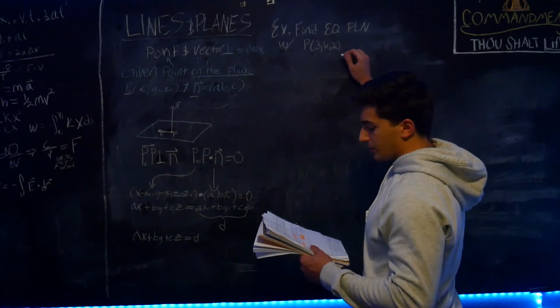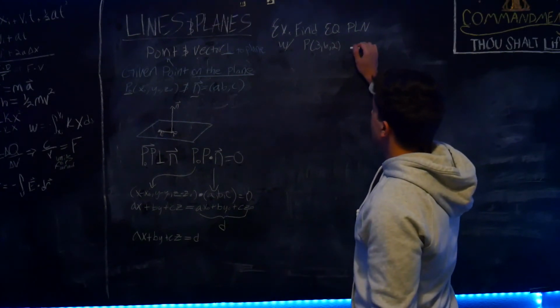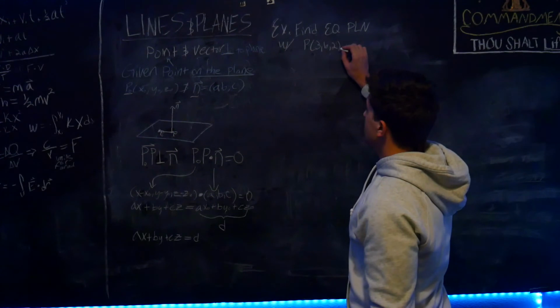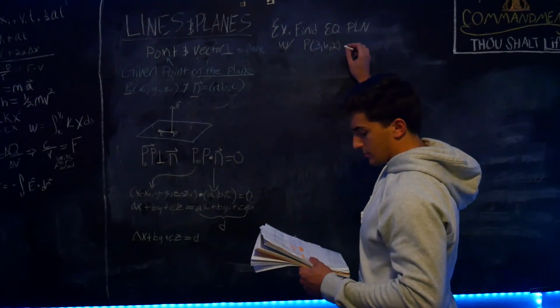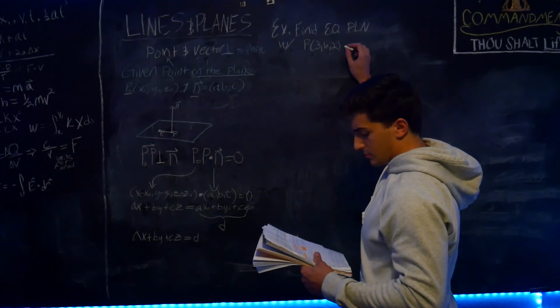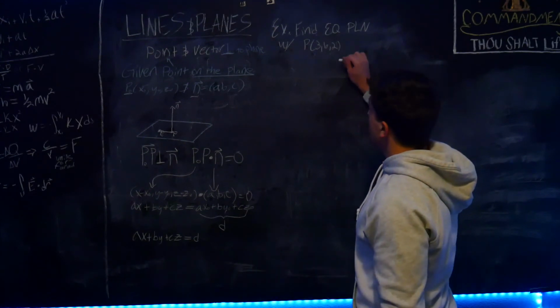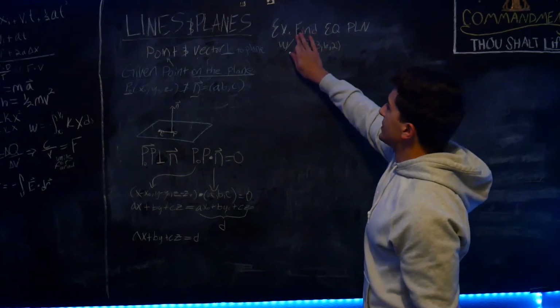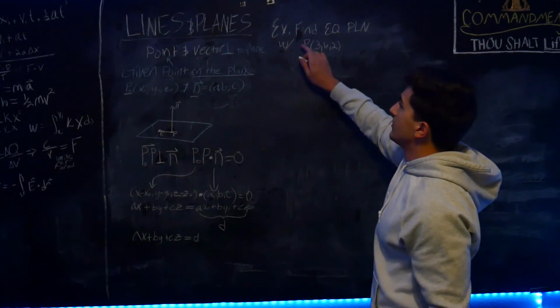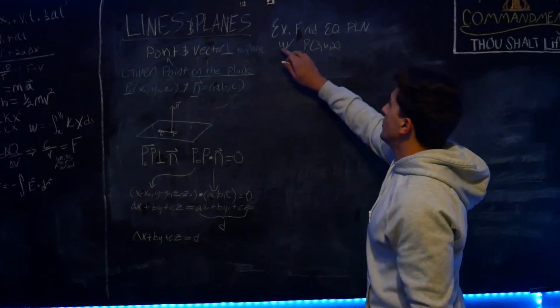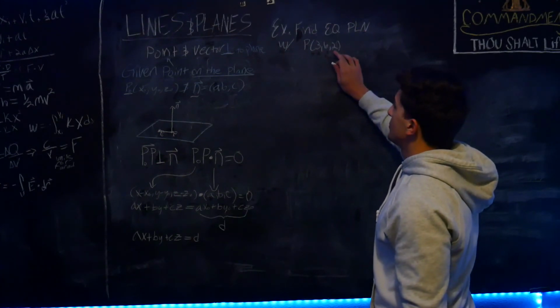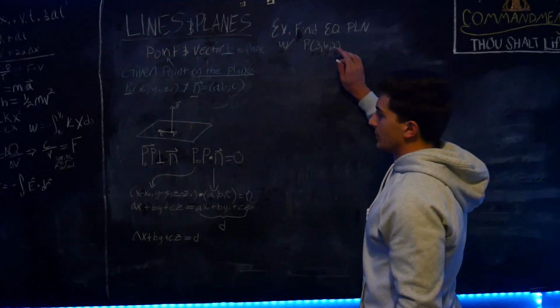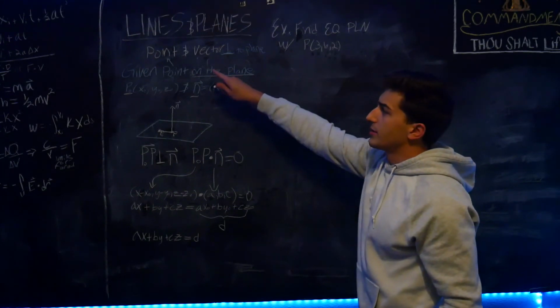Okay. Let me restate this. Find the equation of a plane with point 3, 6, 2 on it. All right. So we already know that that's one of the things we need.